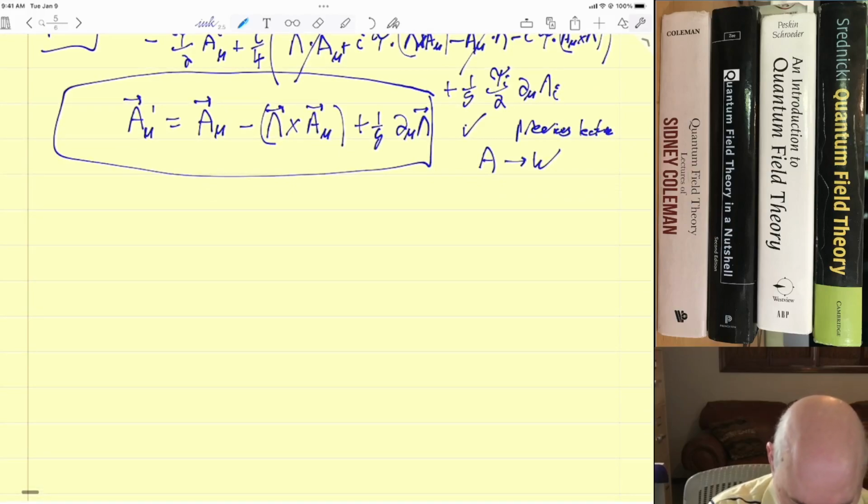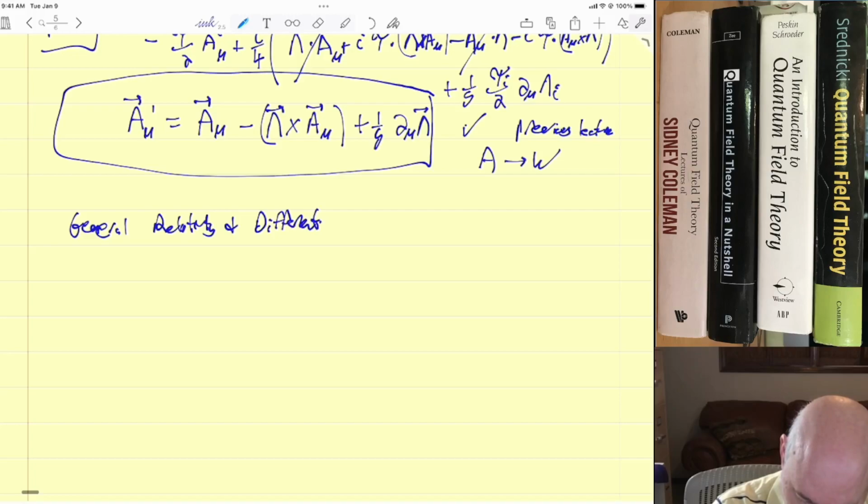Now, just to show some of the relationship to general relativity and differential geometry, the same techniques are sort of used.